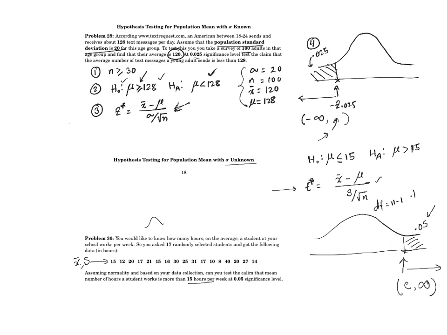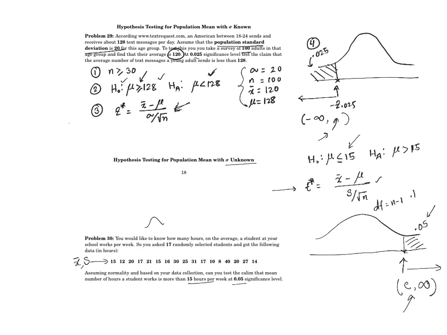If this test statistic does fall in this critical region, you'd reject the null hypothesis that the average number of hours students work is less than or equal to 15. You'll reject this at what significance level? 0.05. By the way, you can explain significance level this way: if you select a sample randomly, it's your chance of being wrong.